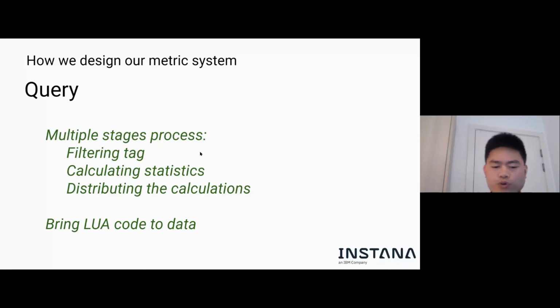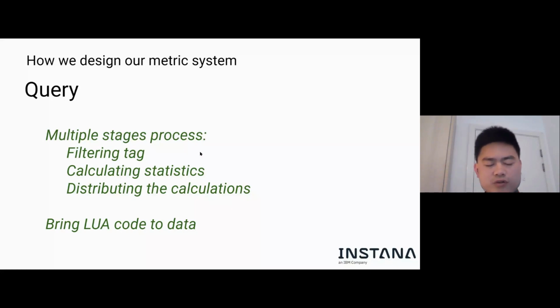So we don't pull the data from our aggregator to do calculations elsewhere. Let's say you want to do a top 5 of a thousand metrics. We don't want to get all 1000 metrics outside and do a sort to get the top. It's just too expensive in computation and bandwidth.